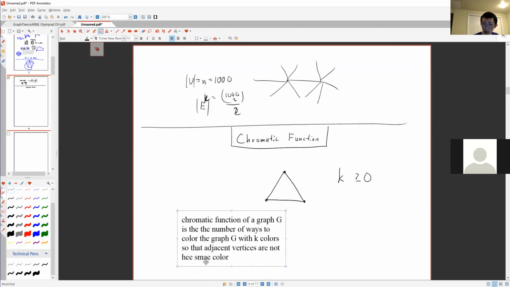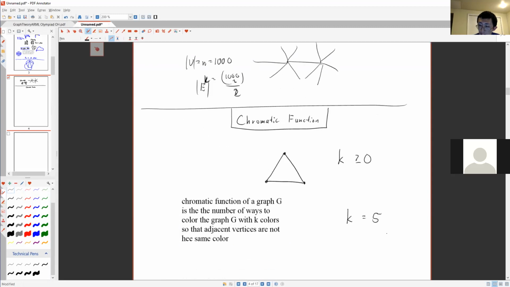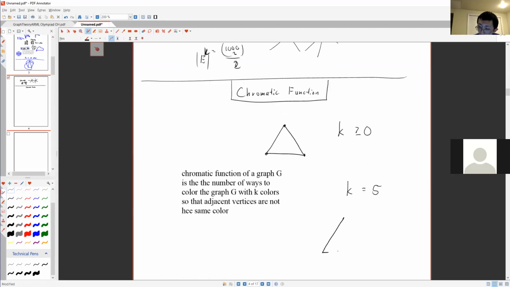So this is a function of k because, let's say we have k colors. Maybe k equals 5. How many ways can I color the complete graph on 3 vertices with 5 colors if adjacent vertices cannot be the same color?